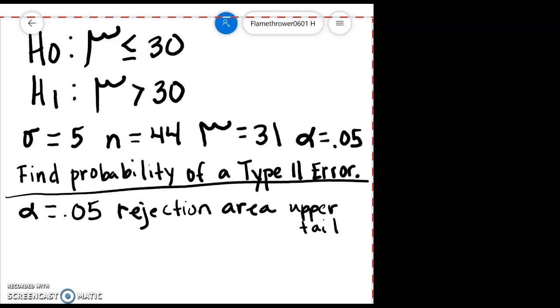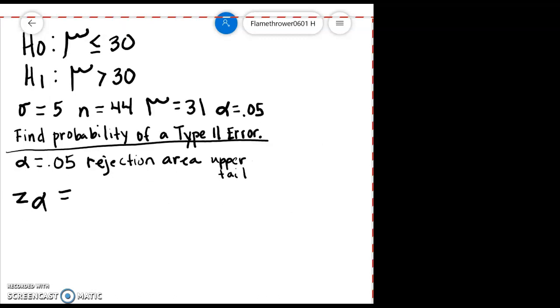So we need to find our critical mean, so we would use the following information. So we need to find our critical value for z if alpha is 0.05, and if you look that up, the z critical value would be 1.645.